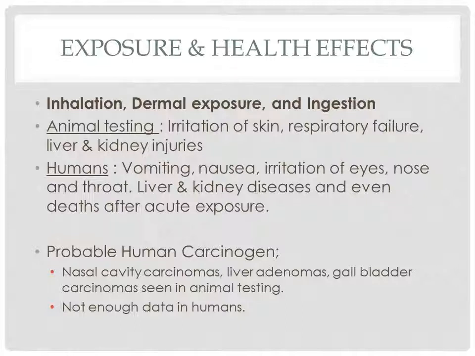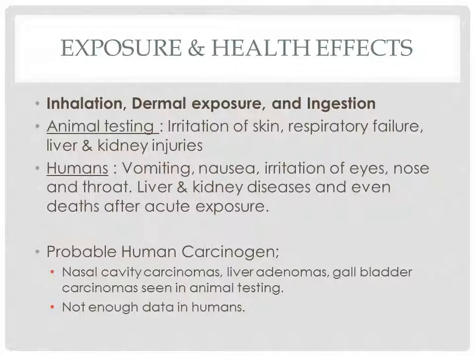In humans, when exposed to this chemical, people have shown symptoms like vomiting, nausea, and irritation of eyes, nose, and throat. After acute exposure, liver and kidney diseases and even deaths were also observed.